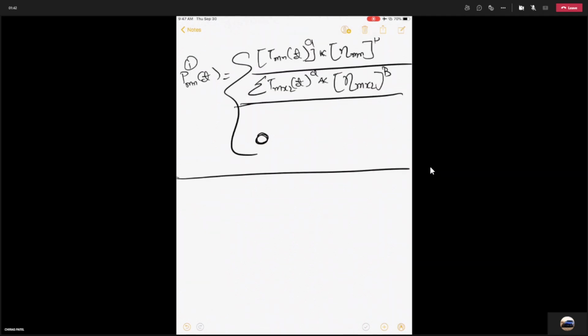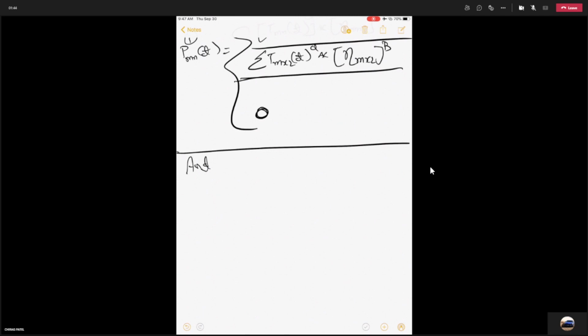So now our criteria for ant colony optimization is to update the pheromone, right?